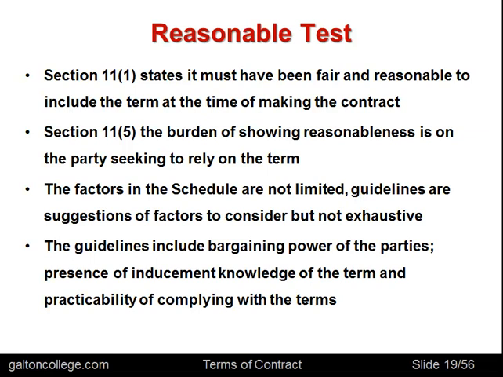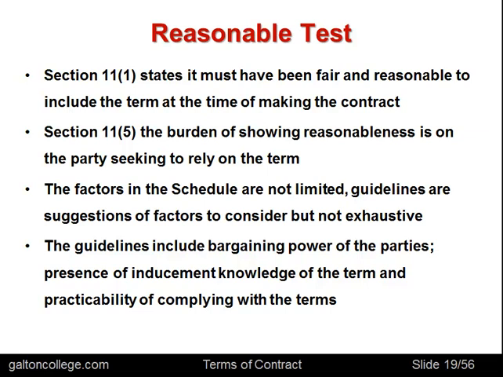The guidelines include bargaining power of the parties, presence of inducement, knowledge of the term, and practicability of complying with the terms. Whether the parties can comply with the terms is important.